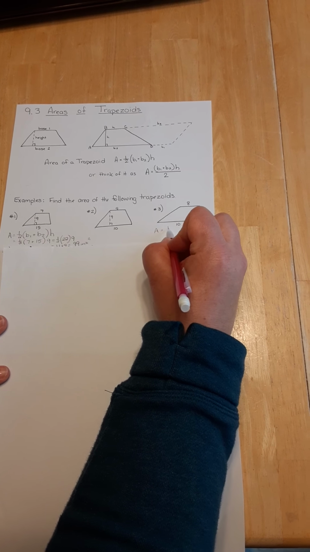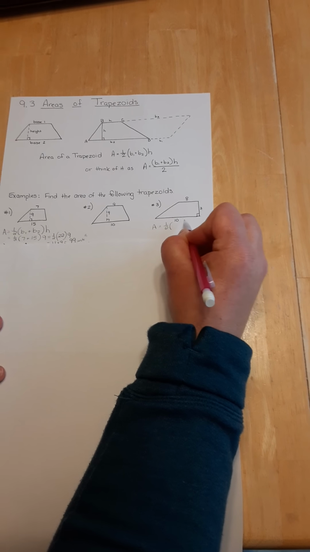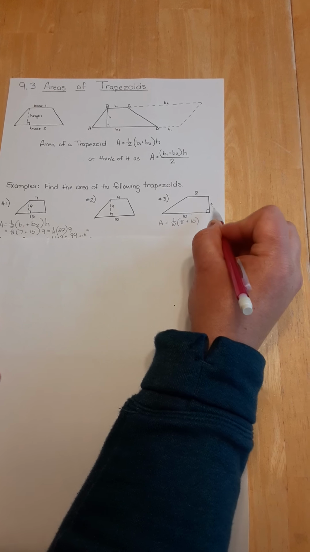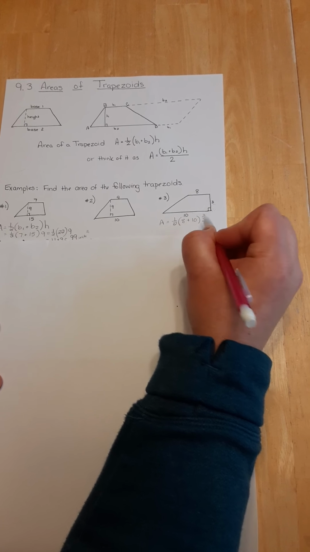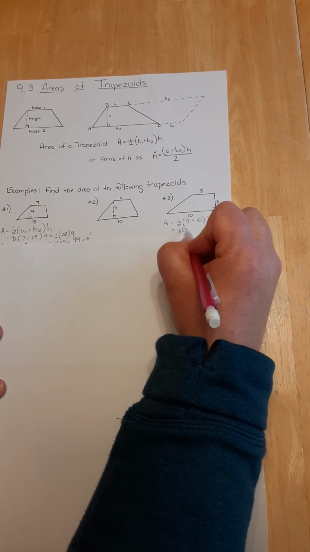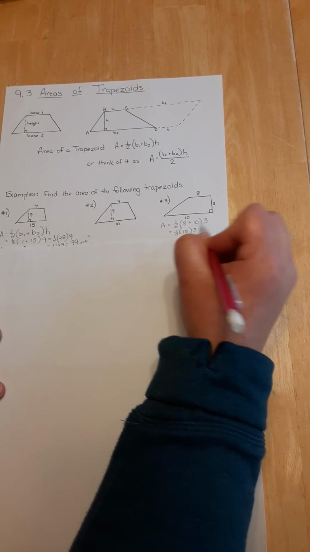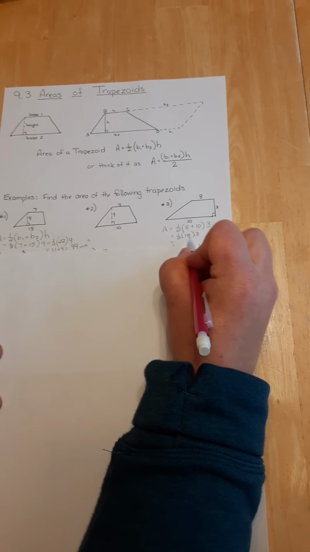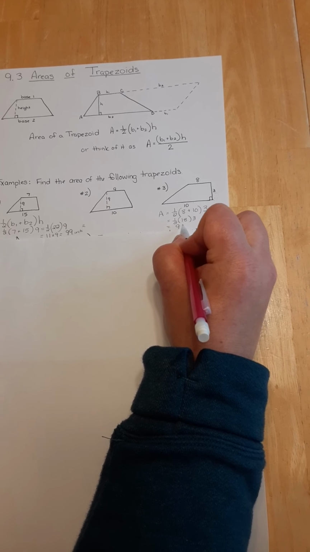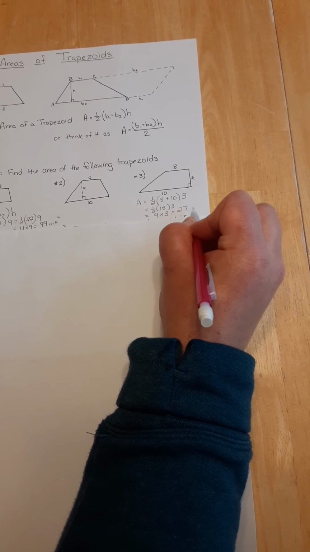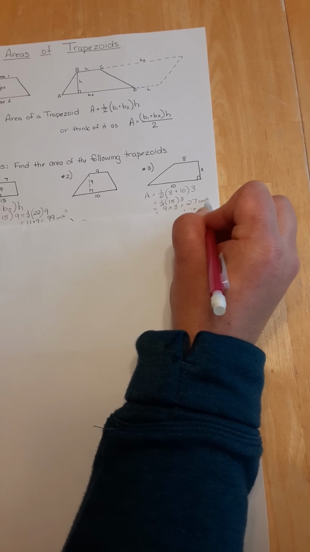Area equals 1/2 my base 1 plus my base 2 times the height, which we said was 3. So half, 8 plus 10 is 18, times 3, see if I can squeeze it in here. I get half of 18 is 9, times 3, 3 times 9 is 27, and again it would be units squared.